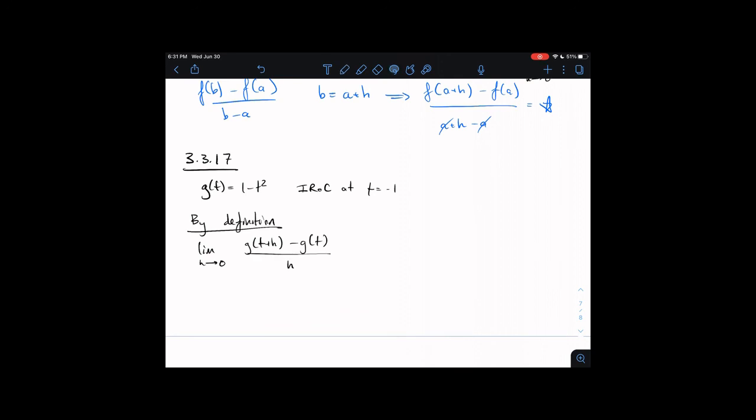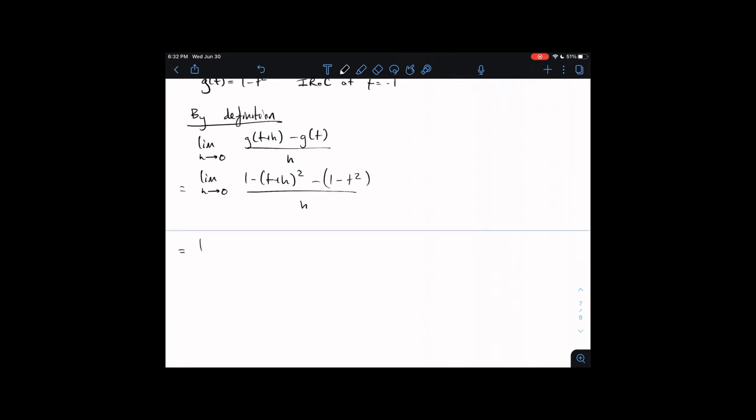And I'm going to copy this because I'm going to be pasting it a lot. This is equal to, now we're going to plug it in, 1 minus t plus h squared minus 1 minus t squared over h.